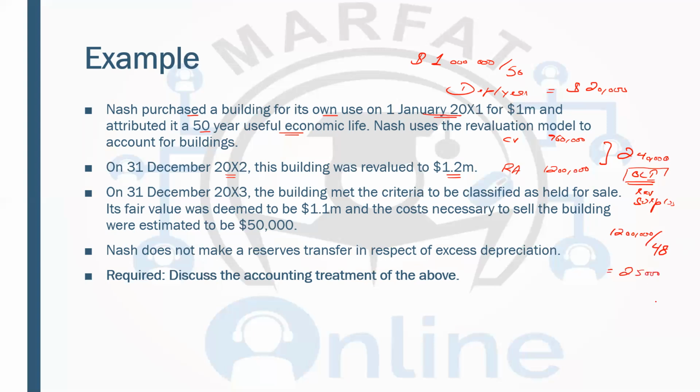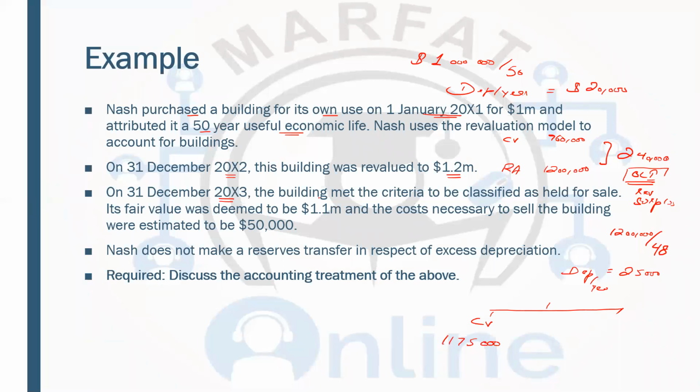Now the depreciation. On 31st December 20x3, which is again after 1 year, the carrying value is going to be how much? It is 12 lakh minus 25,000, which is 11,75,000.